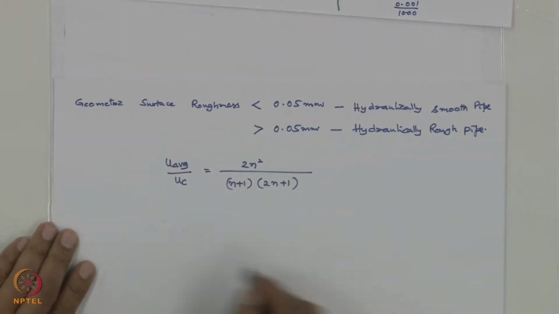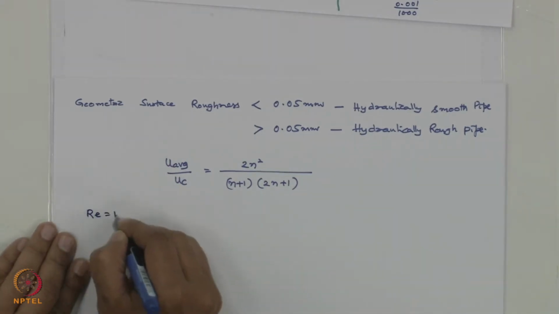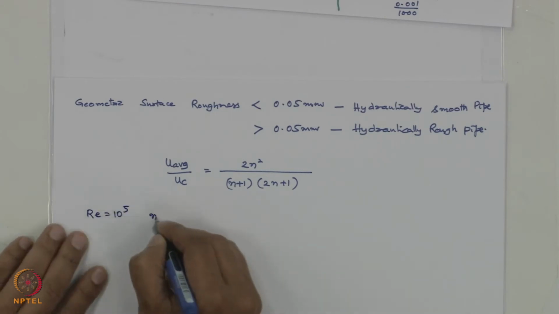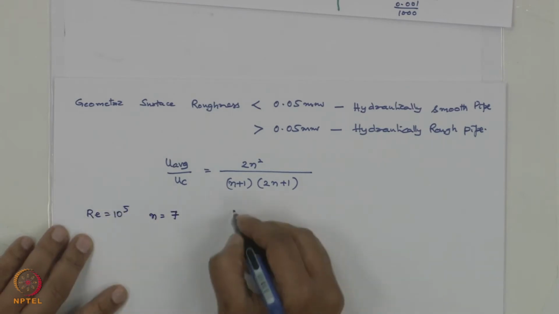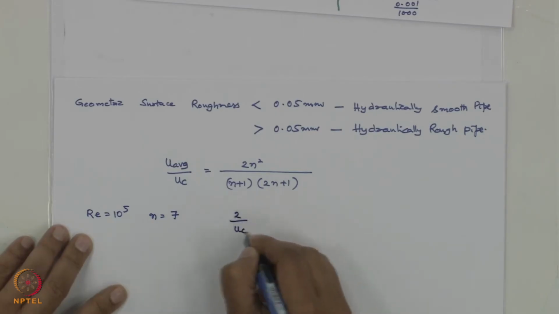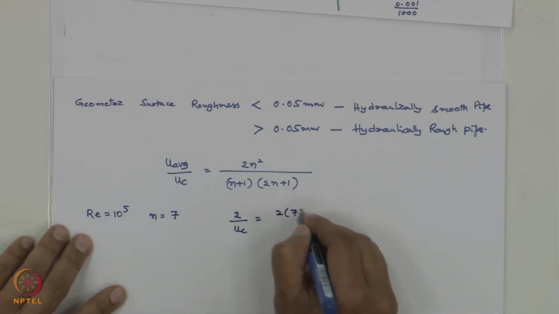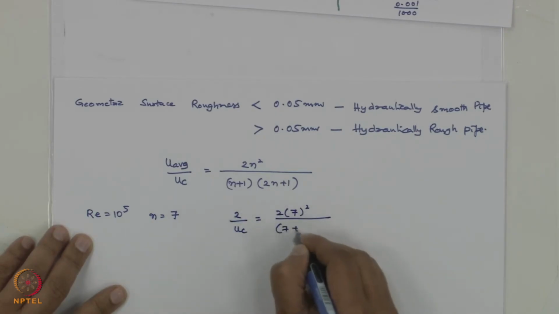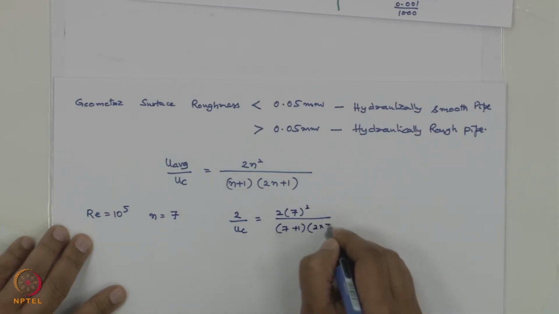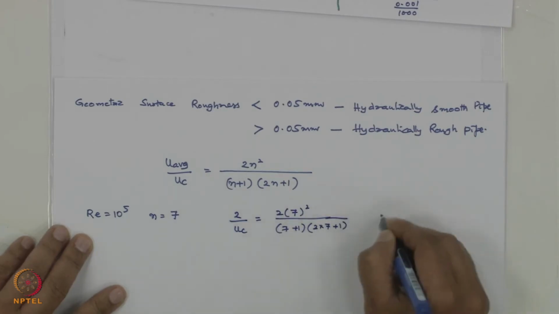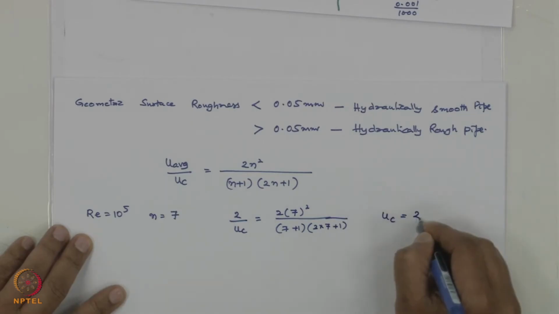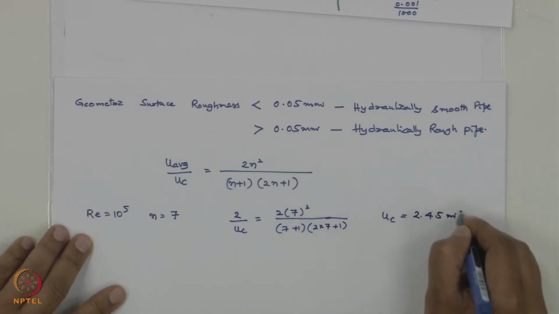For now, if I take Reynolds number equal to 1 lakh and n is 7, and U average I have gotten already, U center line equals 2 into 7 square divided by 7 plus 1 into 2 into 7 plus 1. If you do this, you are going to get U center line equal to 2.45 meters per second.